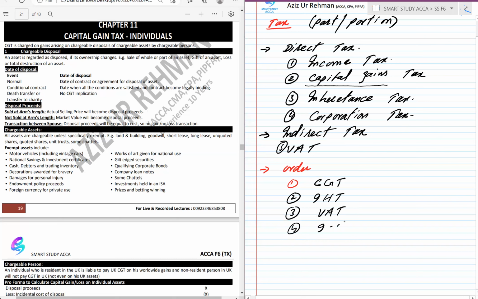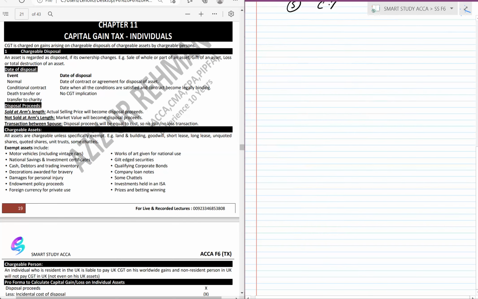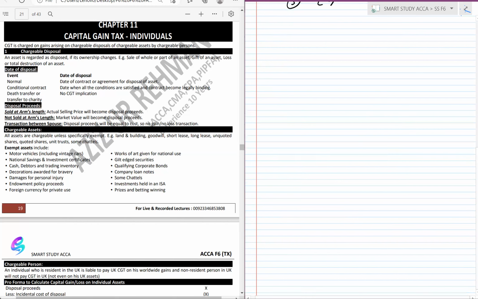Then we will cover income tax. And finally, we will cover corporation tax. So in this order, in this sequence, we will cover our syllabus. First of all, capital gains tax. Today we are going to start capital gains tax. That is basically the first important and core area, key area of our syllabus.